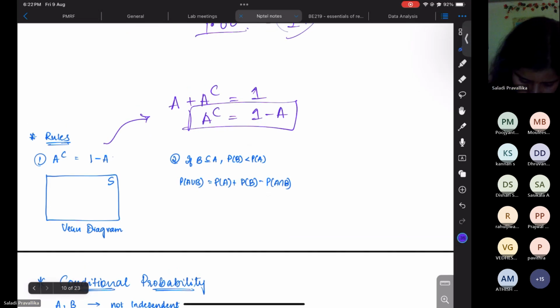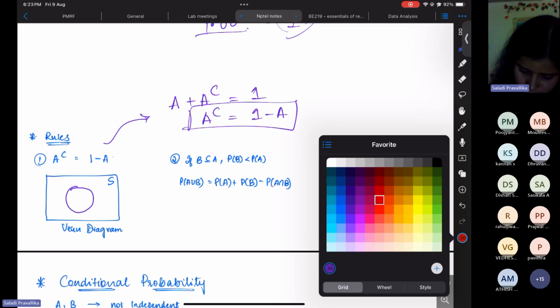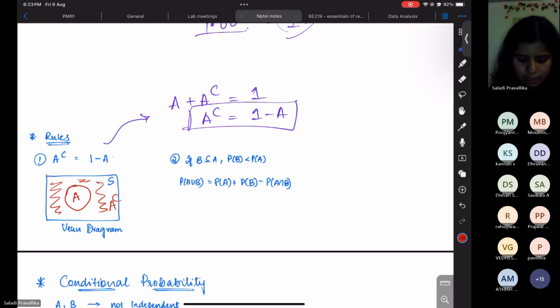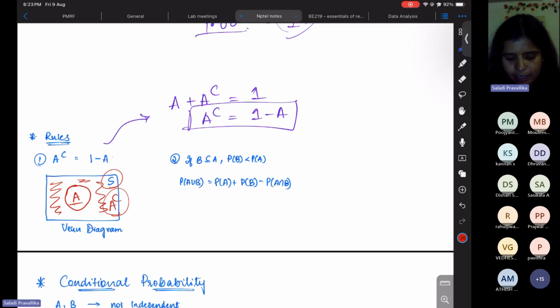Yeah. So for example, if this is A, all of this is A complement, right? The sum of A and this A complement is nothing but the sample space S. Okay.